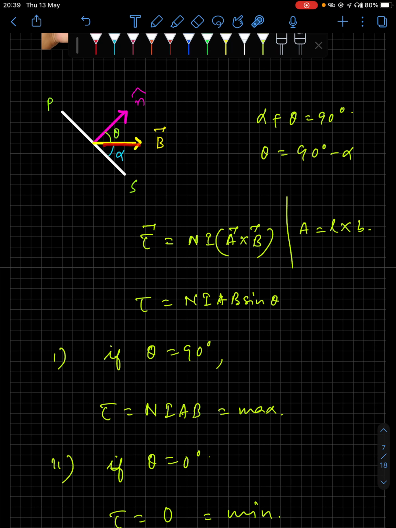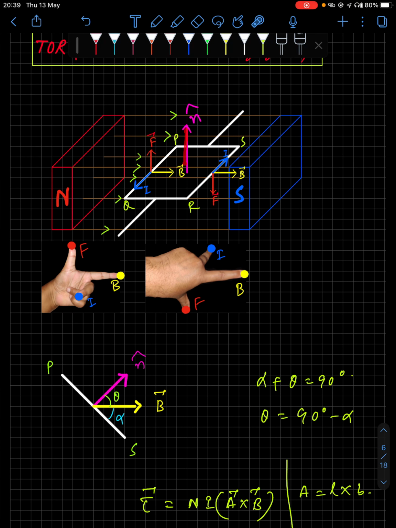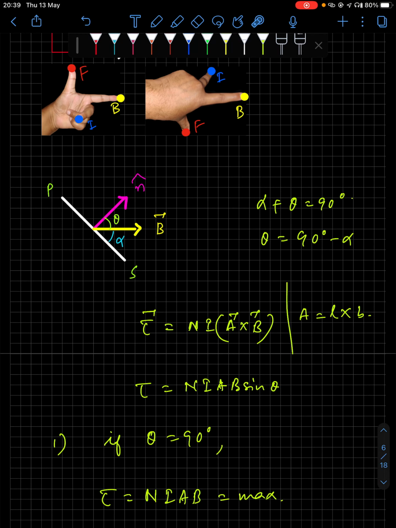So when theta is 90, then alpha will be along B vector, alpha will have 0 degree value. I guess this is pretty clear from here. If theta extends up to 90, then alpha will become 0. If theta is 0, then this will be along this way. So in that case, alpha will be 90.